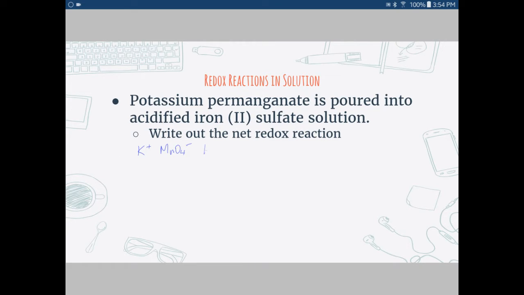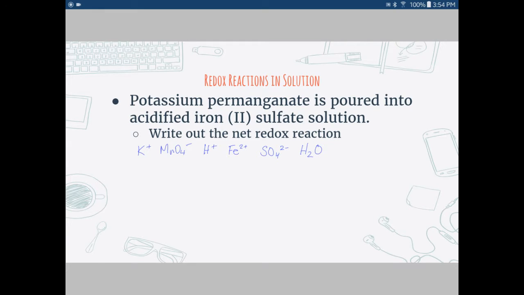Okay, we have an acidified iron 2, which is Fe2 positive, and we have sulfate, SO4 2-, and again, we're in a solution. No need to list water twice, so if you already have it down, no problem. Okay, so we need to figure out my OAs and my RAs in this example.